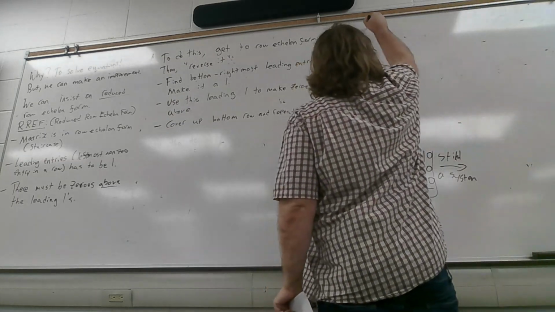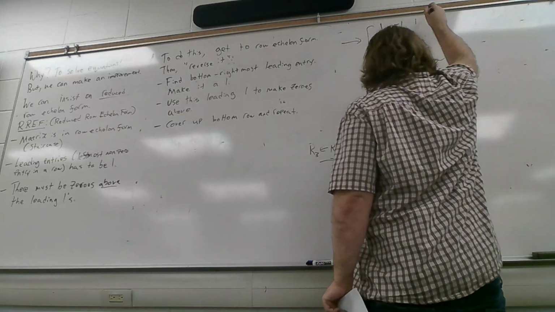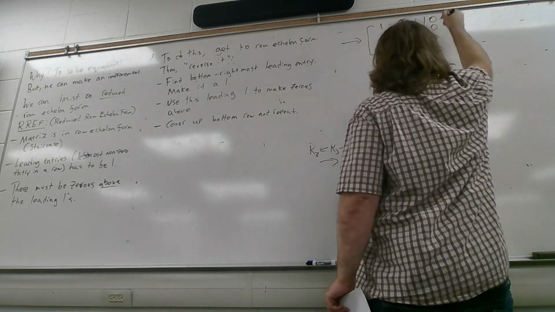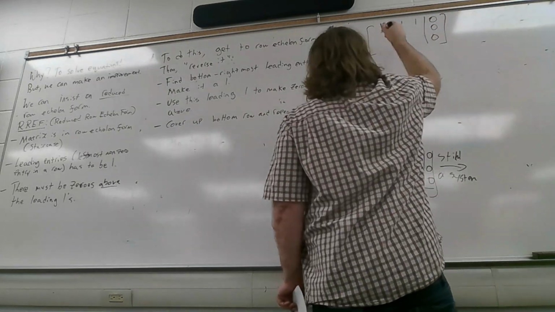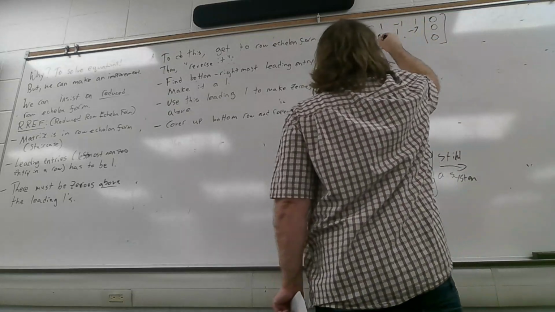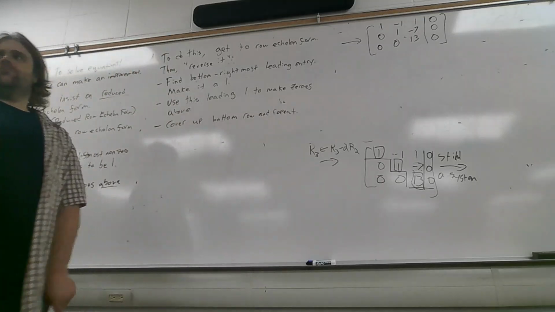So we just performed a bunch of steps to get to here. 1, minus 1, 1. Sure, I'll bring the zeros along for the ride. 1, minus 7, 13. So we've got this, right?